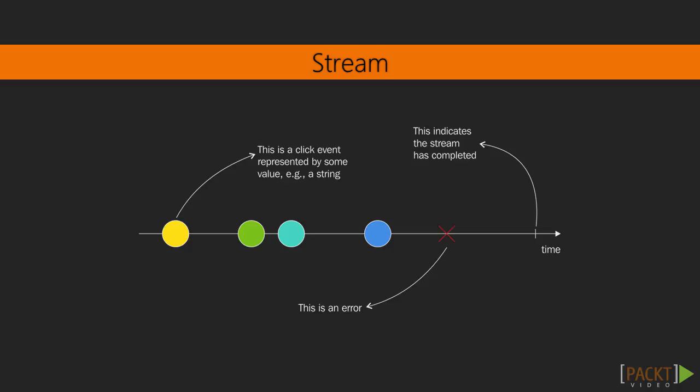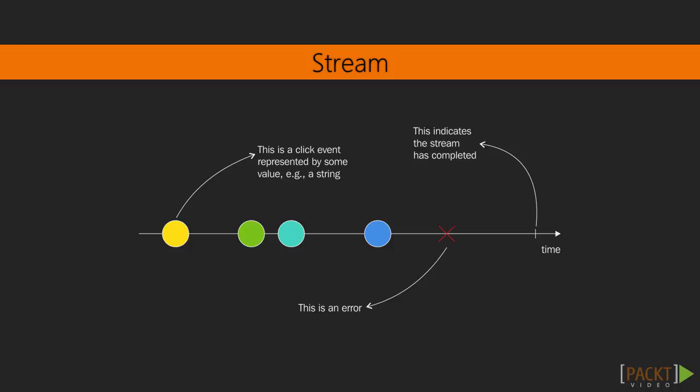We can perform all different types of operations on the stream. You can merge two streams. You can filter a stream to get another one that has only those events you are interested in. You can map data values from one stream to another new one. A stream is a sequence of ongoing events ordered in time. It can emit three different things: a value from the stream, of some type, an error, and a completed signal.